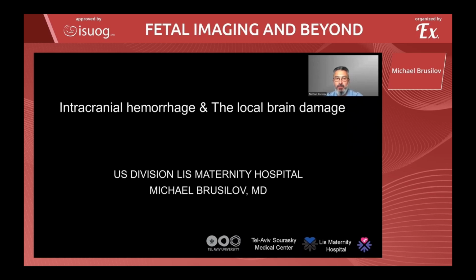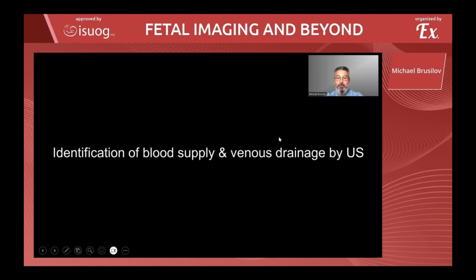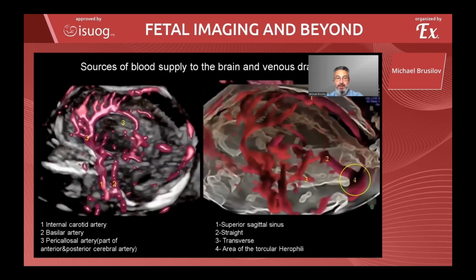Today, I will talk about intracranial hemorrhage and local brain damage. First of all, we will speak about identification of blood supply and venous drainage by ultrasound. You can see here the blood supply of the brain in the anterior part, the internal carotid artery.